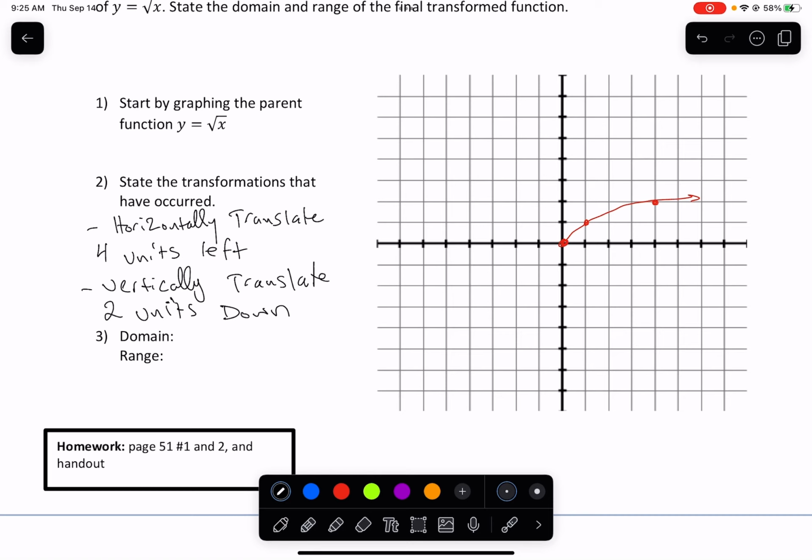We're going to horizontally translate 4 units left, down 2. So we're going to get something that looks like this. All points 4 left, down 2.